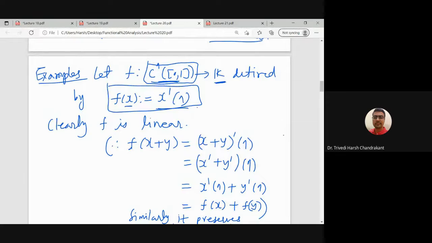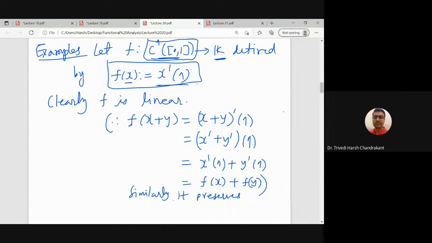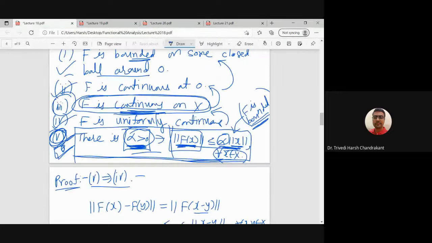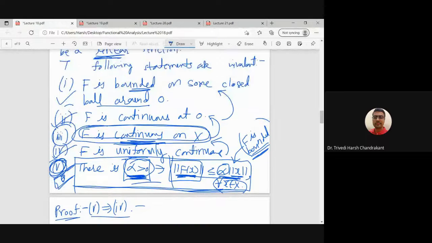And then again to check the continuity, either we check the definition that xn converges to x implies f(xn) converges to f(x). That also we can try to do here, but what we will do is we will use this criterion. So what we will show is whether we are getting such alpha or not.